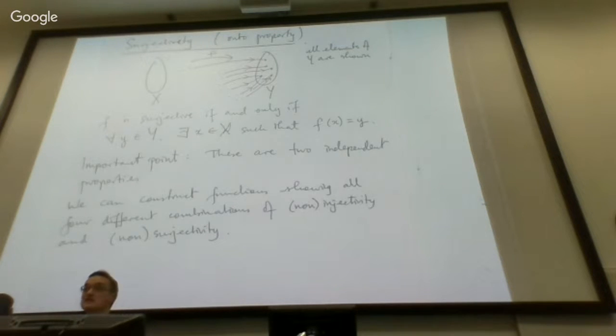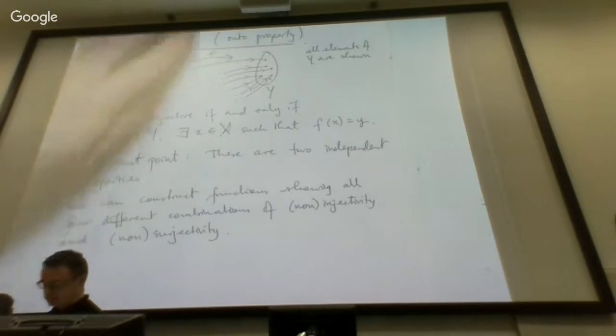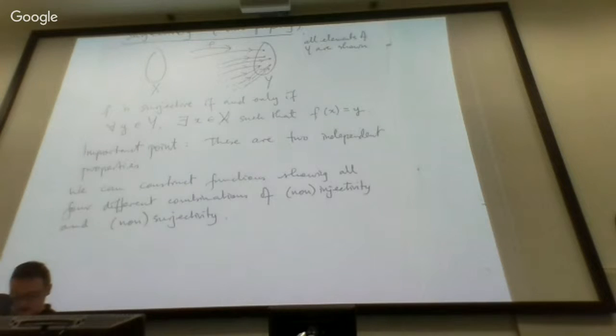And being surjective, well, you can still be injective and you can still be non-injective. Okay? So they're independent properties. But every year I see people getting mixed up and saying, well, this function is injective, therefore it's not surjective. But there's no therefore link between them in general.